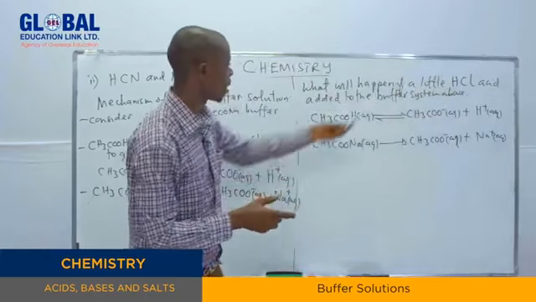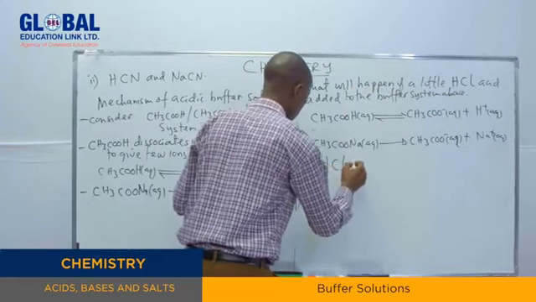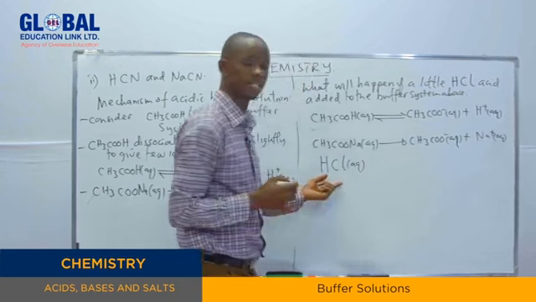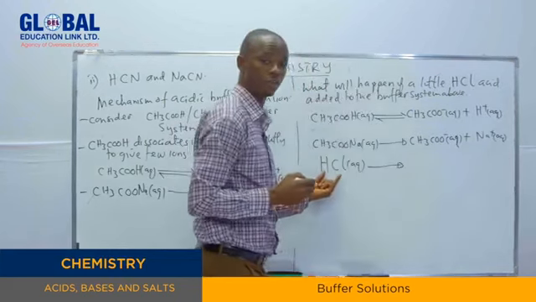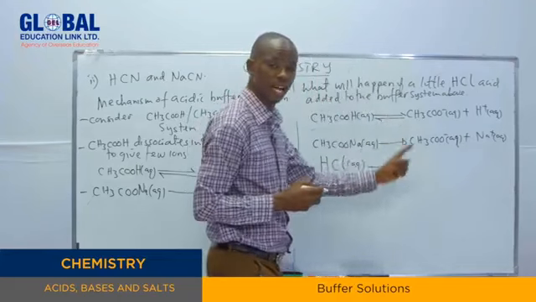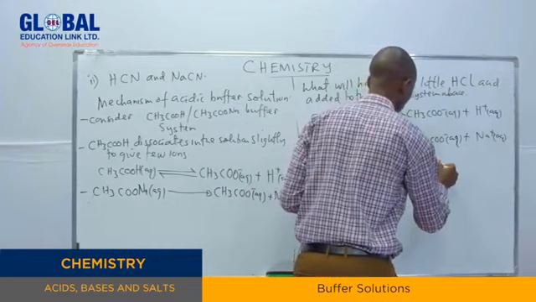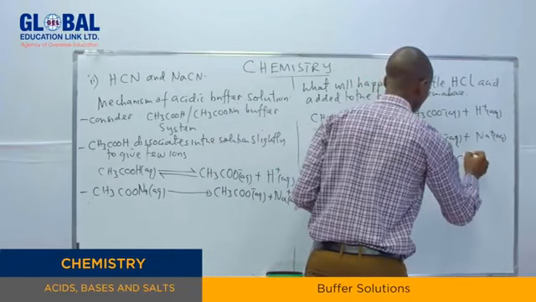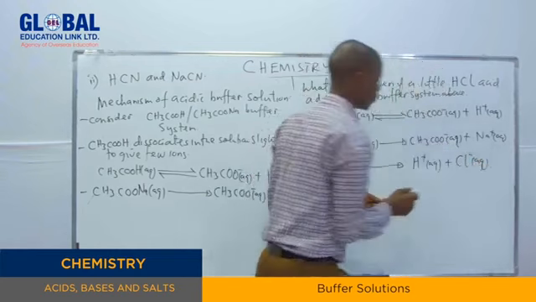Now from there, what happens if hydrochloric acid is added? Hydrochloric acid is a strong acid. This one will also ionize completely to produce hydrogen ion and chloride ion. Now what will happen after that?